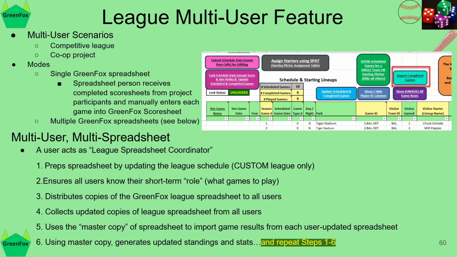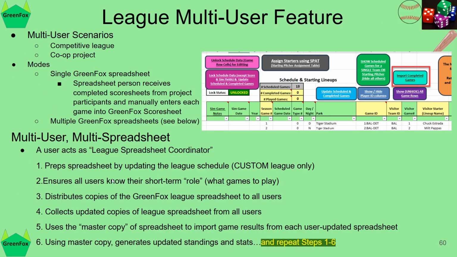So that's one way where only one person's really playing their games in it, but everybody else is playing on paper or something else where they can send a printout to this person who will then manually enter those games back into the score sheet so we can compute the stats for the entire league or project.